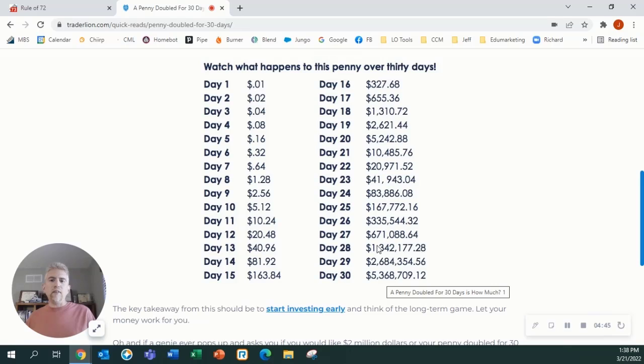All right, and you really see it from day 28 to 30, 1 million to 2 million to 5 million. And look, if we had one more day of doubling in there, that 5 million is over $10 million. All right, so the whole point of this is to understand the rule of 72 and compound interest, and how it really is the eighth wonder of the world.